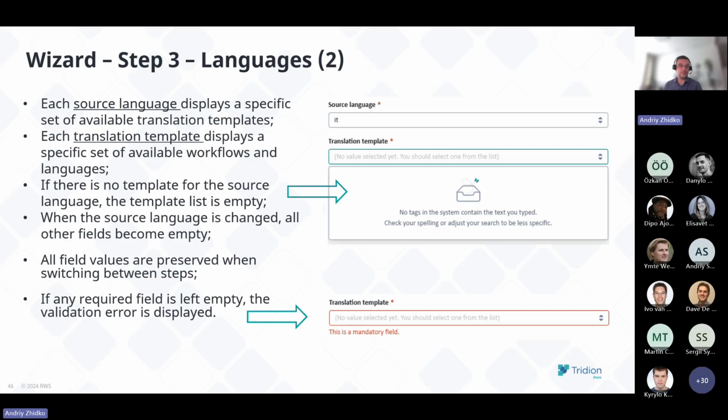If you're changing the source language, then all fields will be cleaned up and you will need to specify new values. If you're navigating back and forth through the wizard, the values are preserved and you don't need to specify them again. And if any mandatory field is left empty, then you will see a validation message for that.